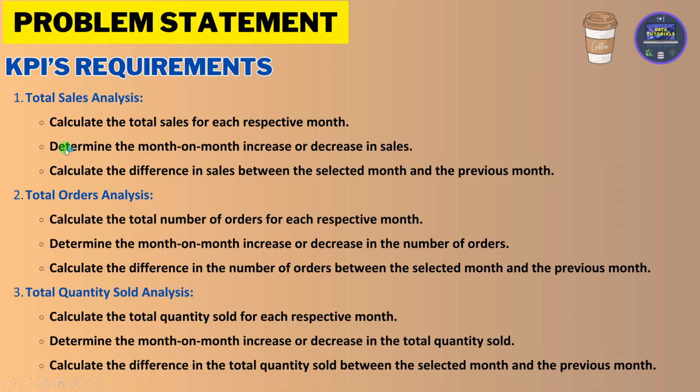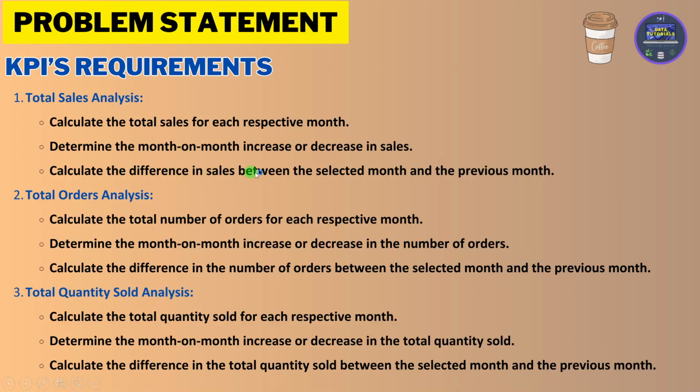Similarly, they are asking us to determine the month on month increase or decrease in the sales, right? So this is important to understand. Whichever month we select in the slicer, let's say we select May, the last month for us will be the one before May, which is April. So with respect to May and April, we have to find out the month on month increase.